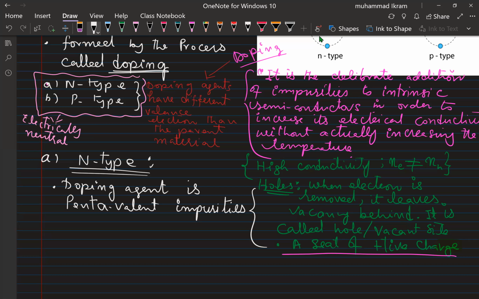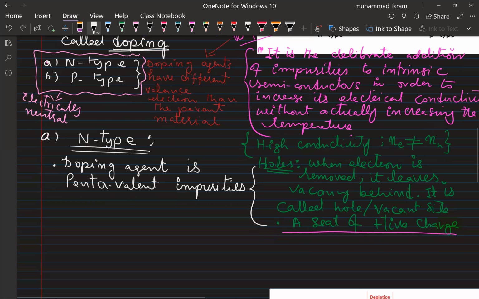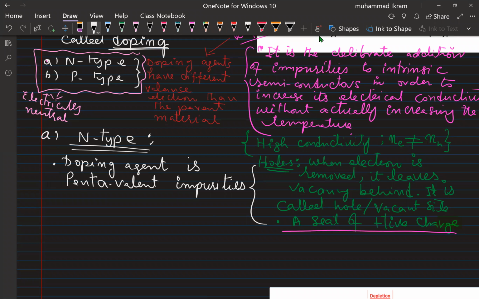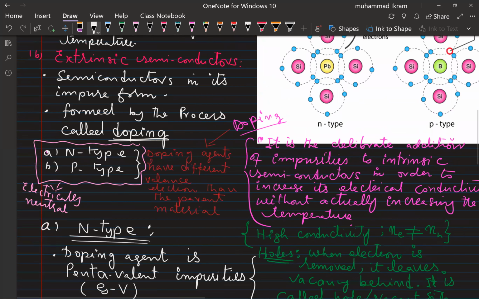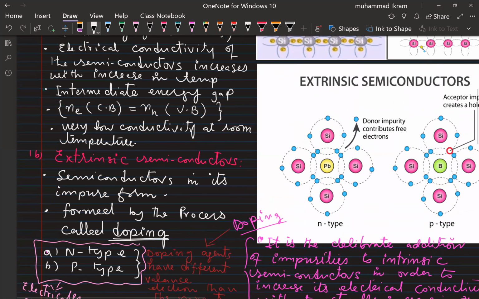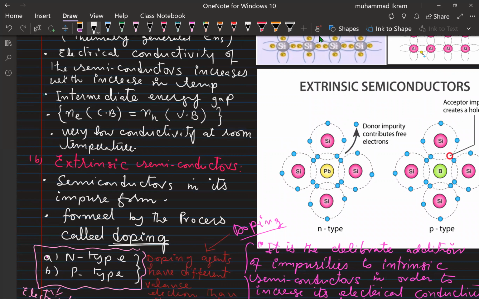Pentavalent impurities means that the impurities belong to group five. Just see here, for example, we have the N-type semiconductor substance, as you see in our diagram.